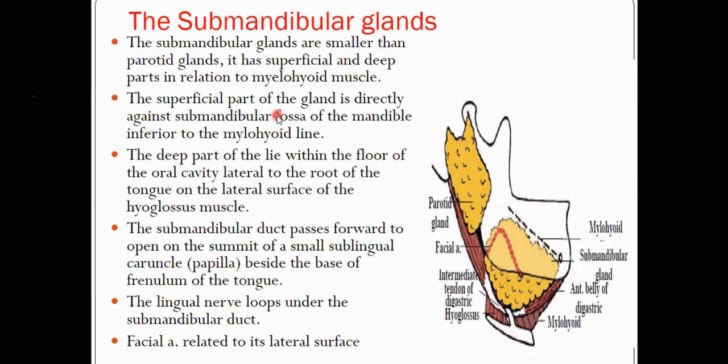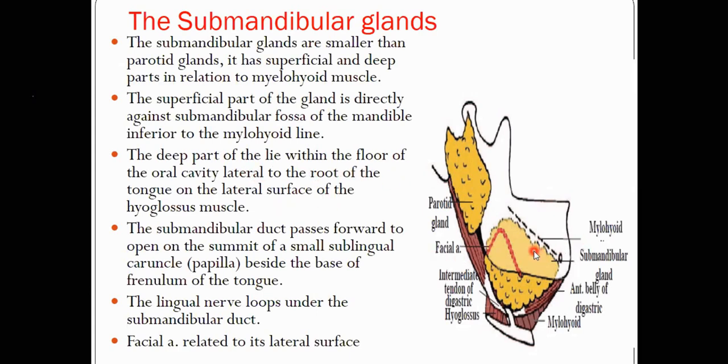The mylohyoid muscle forms the floor of the mouth. The superficial part of the gland lies directly against the submandibular fossa of the mandible, inferior to the mylohyoid line. These are features of the mandible bone; you will come across the mandible detail in musculoskeletal. The deep part lies within the floor of the oral cavity.